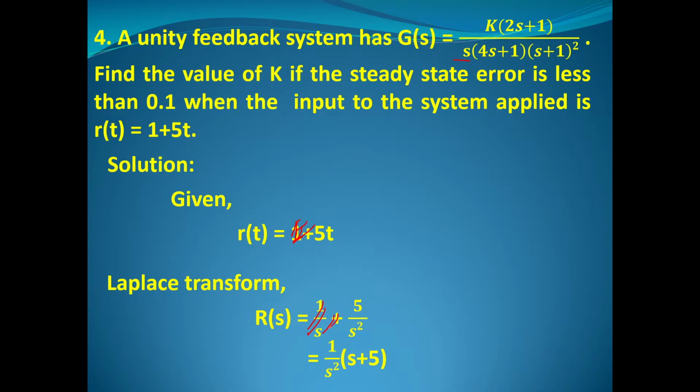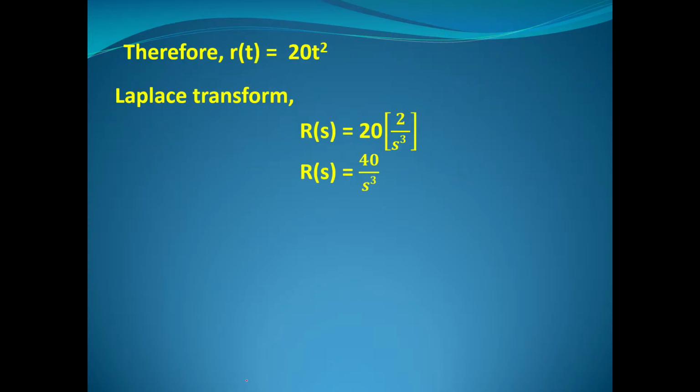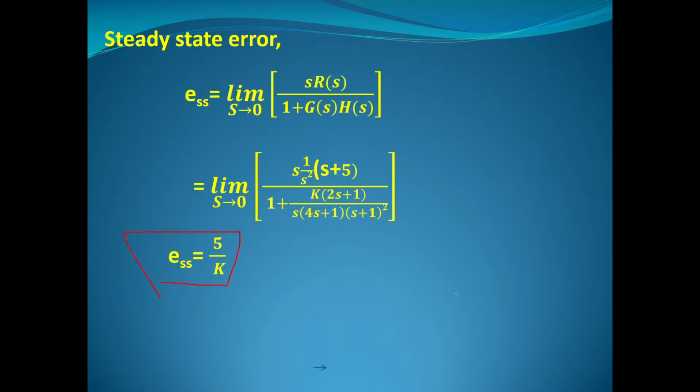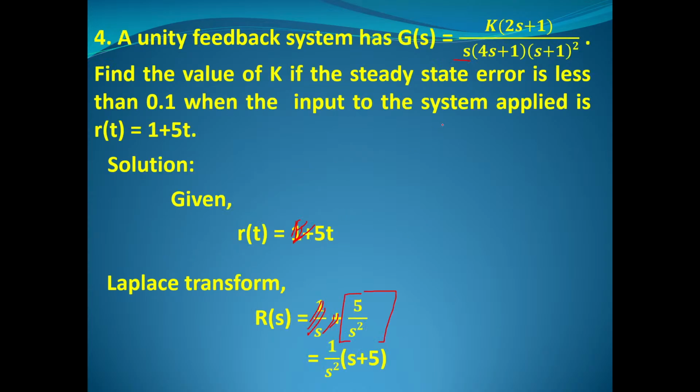Here I have simply considered the whole input that is given. No need to do as I have done. To be more specific and accurate, you can write R of s as 5 by s square and substitute it here. You clearly mention that since it is a type 1 system, you can write like that.